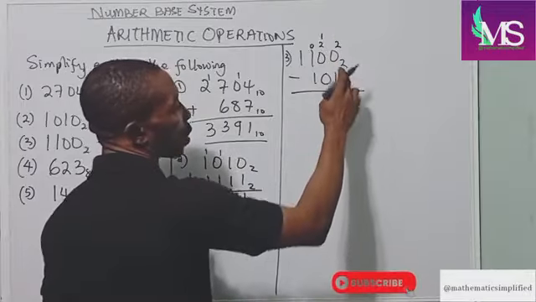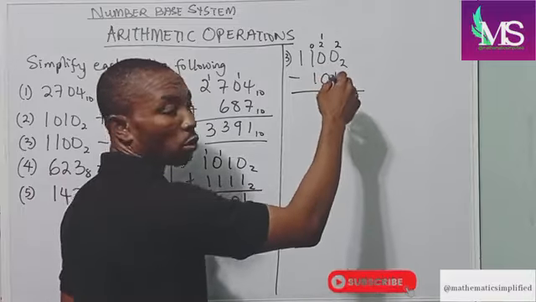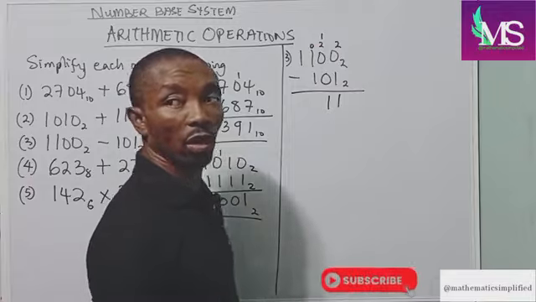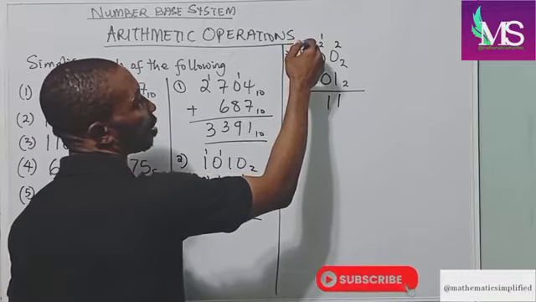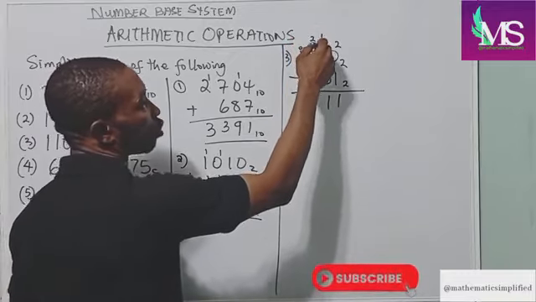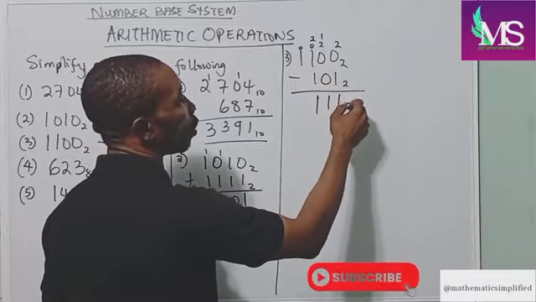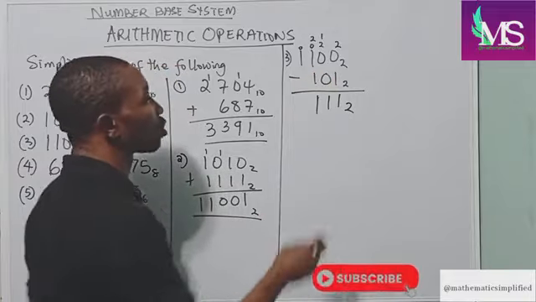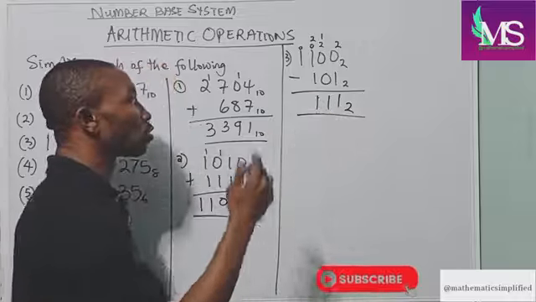So 2 minus 1 will give us 1. 1 minus 0 will give us 1. 0 minus 1 cannot. So what do we do? We borrow from this. This becomes 0. So we add 2. 2 minus 1 will give us 1. So our 1100 minus 101 base 2 will give us 111 base 2.